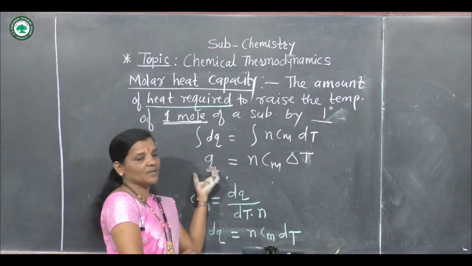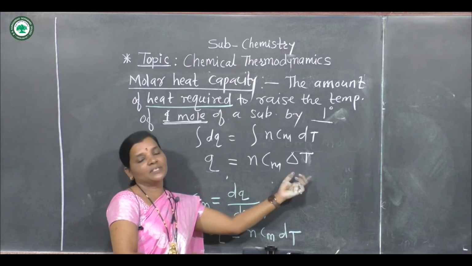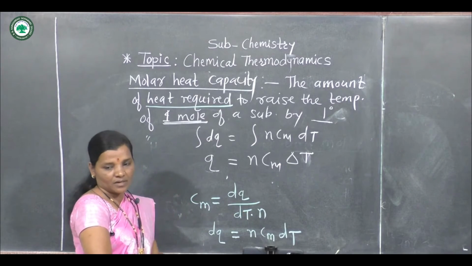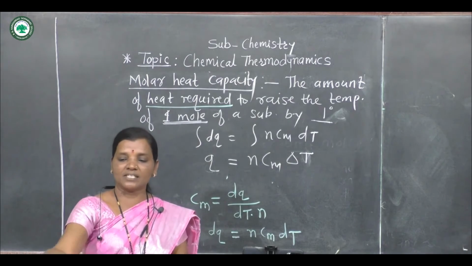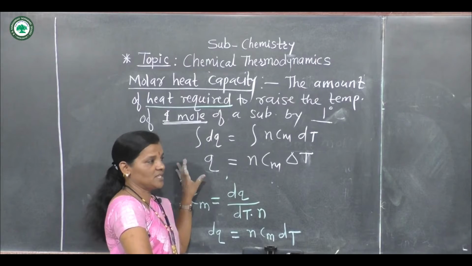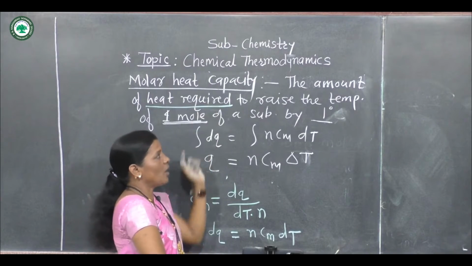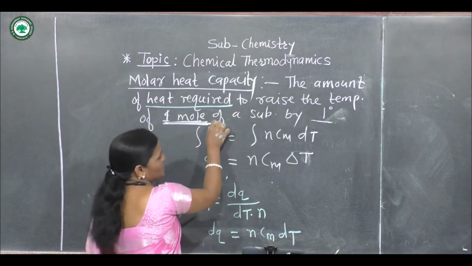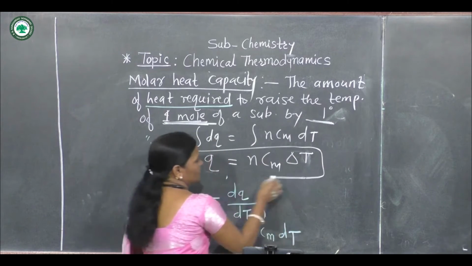That means q is equal to N into Cm into del t, that means t2 minus t1. So this is the molar heat capacity for any substance. It is the amount of heat required to raise the temperature of 1 mole of a substance by 1 degree, and this is the required heat.